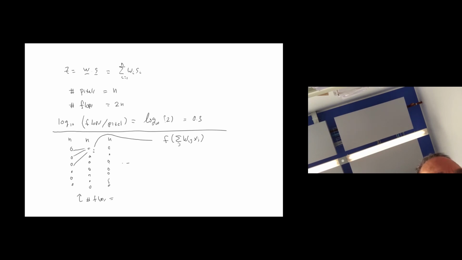So the number of flops is 2N times N, because there are N units in this layer. In the next layer, it's plus 2N times N again.